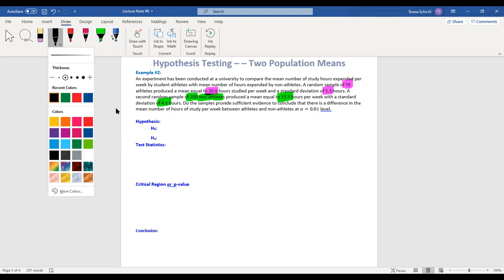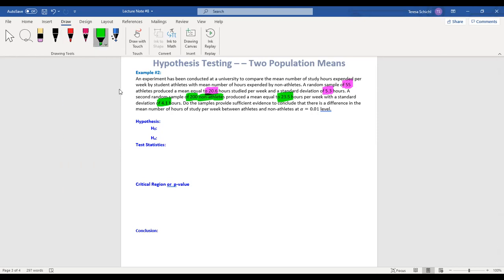They want to see, does the sample provide sufficient evidence that there is a difference in the mean number of study hours between these two groups? So the null hypothesis is mu1 is equal to mu2, and then they want to test for a difference, so the alternative is mu1 is not equal to mu2.